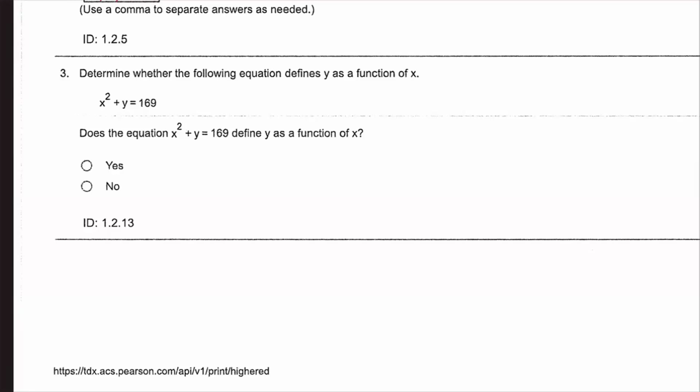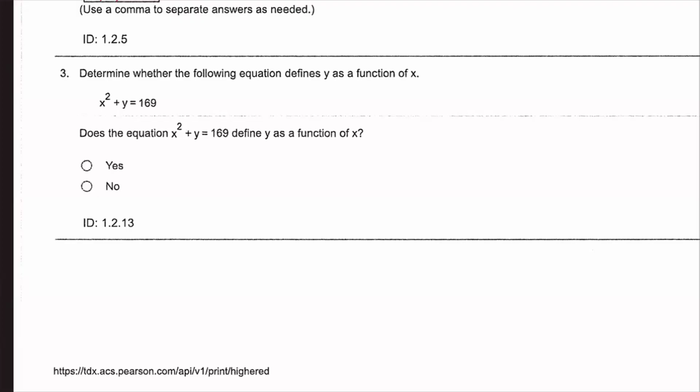Maybe some people have taught a shortcut, or maybe there are some things that you can recognize. But at first glance, you should be able to tell that this is going to be the graph of a parabola because there's a y and there's an x squared there. That x squared makes it a quadratic equation.